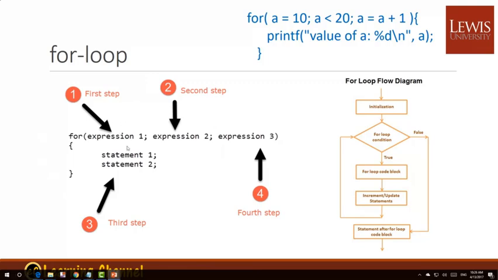And if you don't write anything in expression 1 and expression 3, and you just put something in the middle for the Boolean condition, then that for loop is equivalent to a while loop. So the for loop is actually quite a good loop.